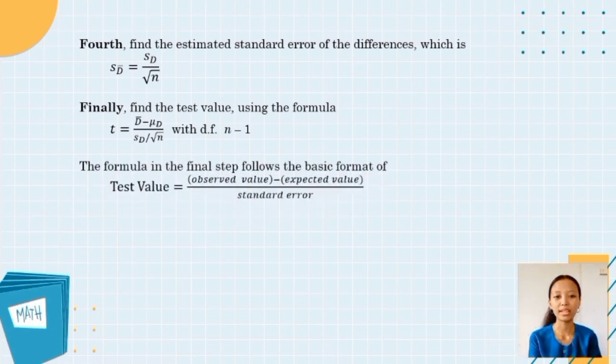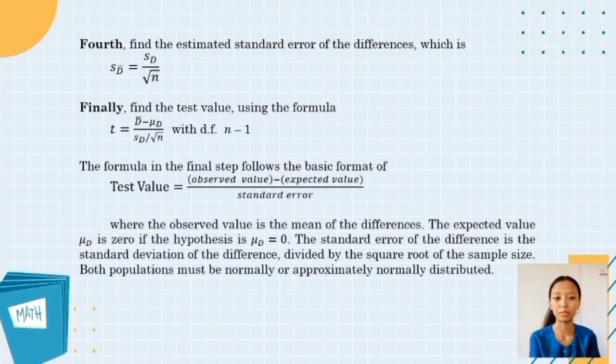The formula in the final step follows the basic format of test value equals observed value minus expected value over standard error, where the observed value is the mean of the differences. The expected value mu sub d is 0 if the hypothesis is mu sub d equals 0. The standard error of the difference is the standard deviation of the difference divided by the square root of the sample size. Both populations must be normally or approximately normally distributed.